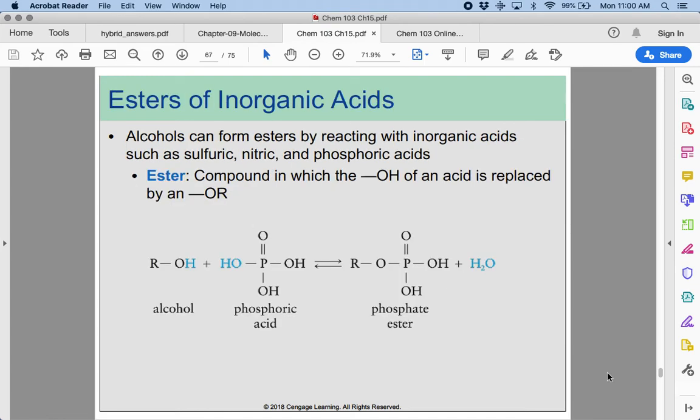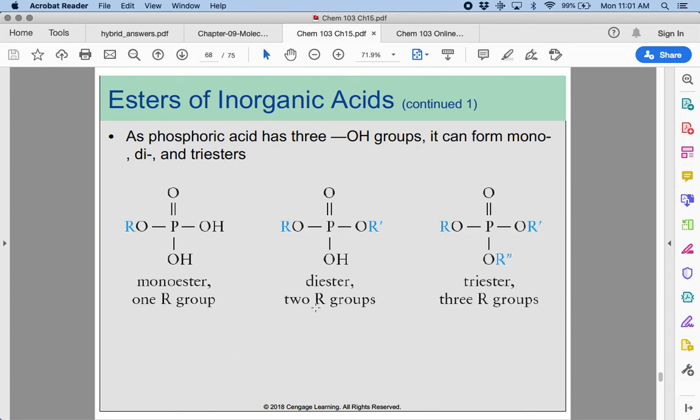When we have an alcohol, we know that it can form an ester with some sort of acid. We can get different kinds of acids. For example, if we have something like a phosphoric acid. This will be very important when we get to our biological portion, so I just wanted to talk about this real quick so that you can see the different kinds of quote-unquote esters or ester-type bonds we could form.